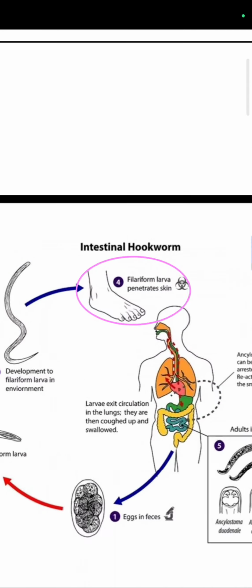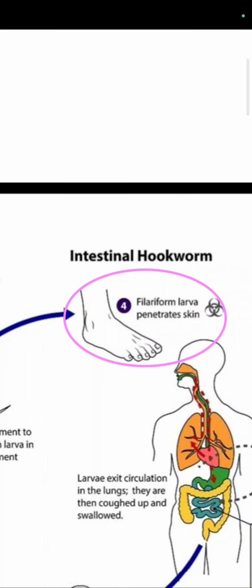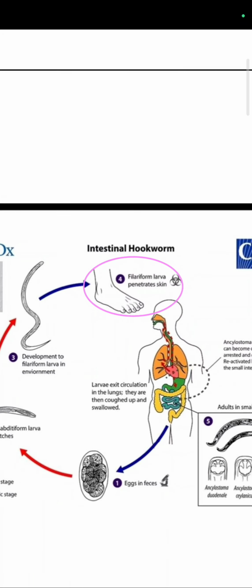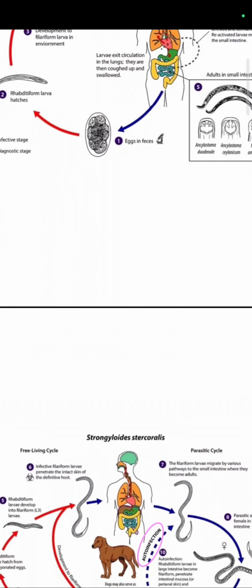For this, you just have to look out for this image of the feet, because they can infect the body by penetrating the skin. There are two other parasites, which is Schistosoma and I'm forgetting which one, but they can also penetrate the skin, but the image of this foot is only given in this life cycle for the hookworm.